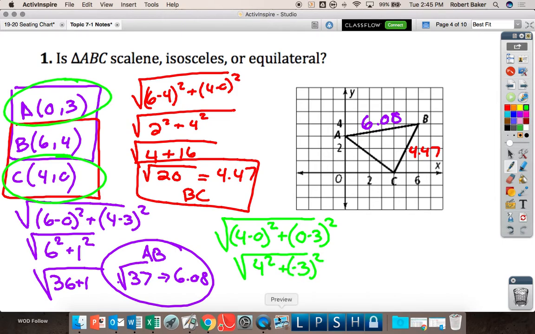Y'all see that? 4 squared? Yep, that's 16. Negative 3 squared, plus 9. Plus 9. Never get a negative number there. It's always going to be positive. 16 plus 9, 25. Square root of 25. 5.